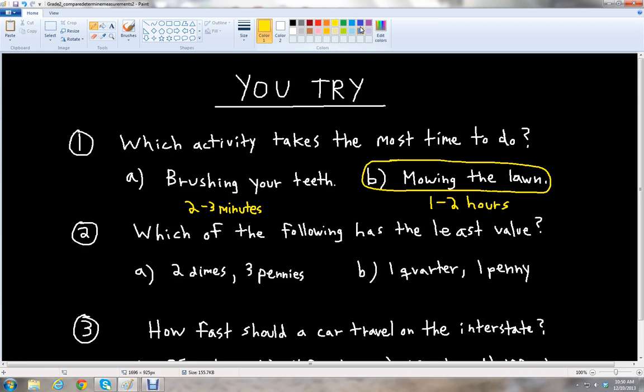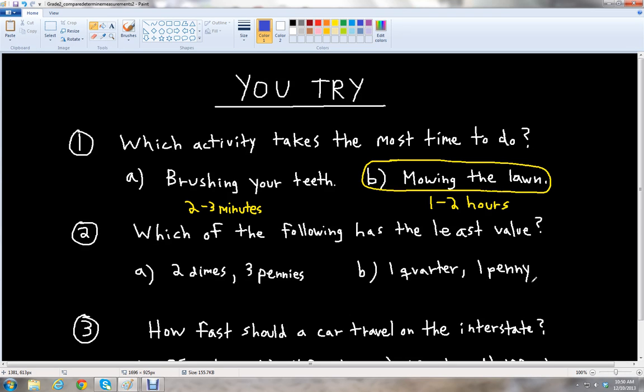Okay, so let's move on to the second problem. It asks, which of the following has the least value? We have A, 2 dimes, 3 pennies, or B, 1 quarter, 1 penny.